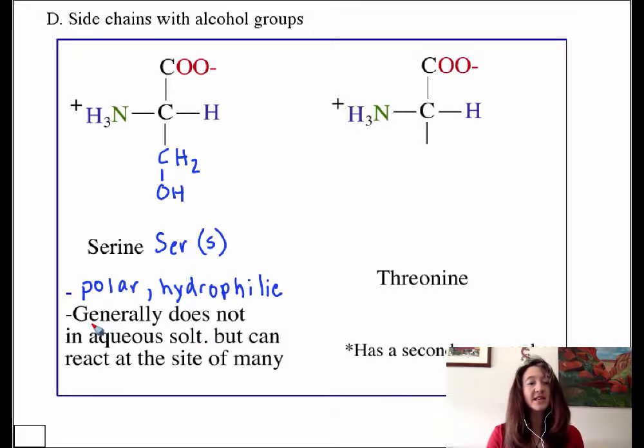So the way we'll say that is it generally does not ionize in aqueous solution, but it can react at the site of many enzymes as though it were ionized. And we'll actually get to see that happening when we start talking about enzyme chemistry.